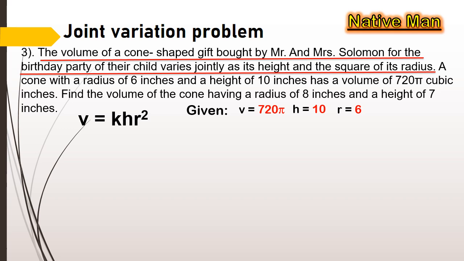Okay, so 720 pi. That is the first set. So second set naman, find the volume. So volume is unknown. Having a cone of radius 8, and height is 7. So H 7, R is 8. That is the second set.